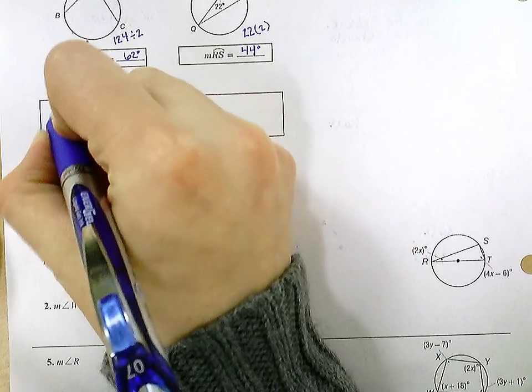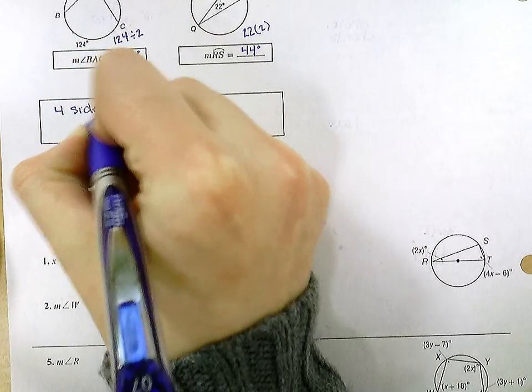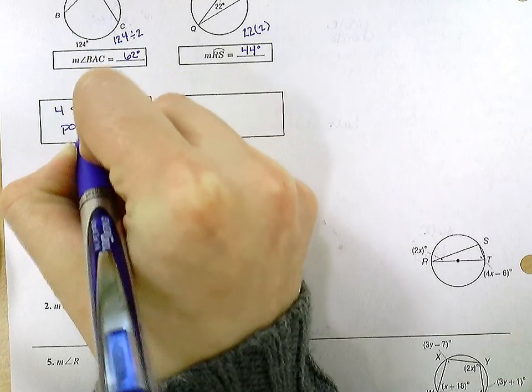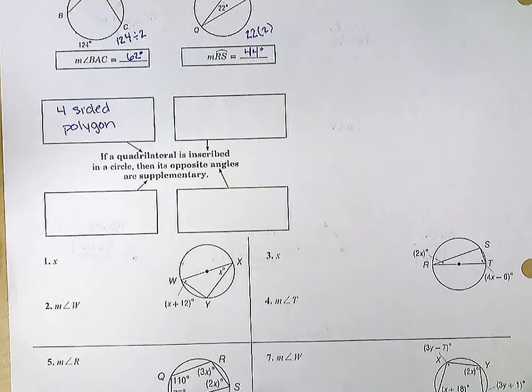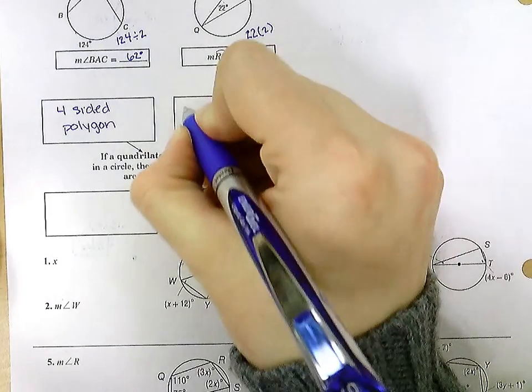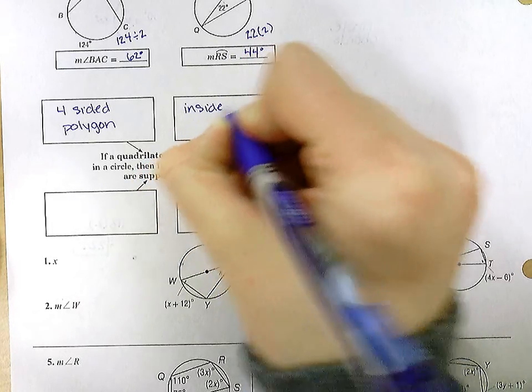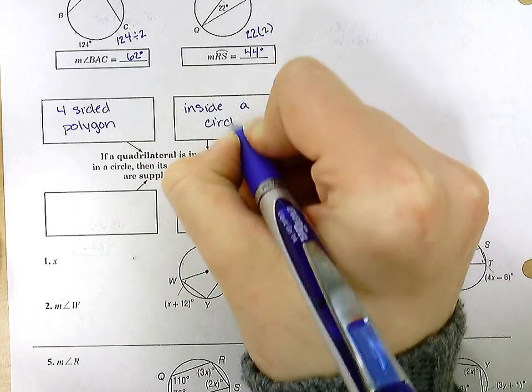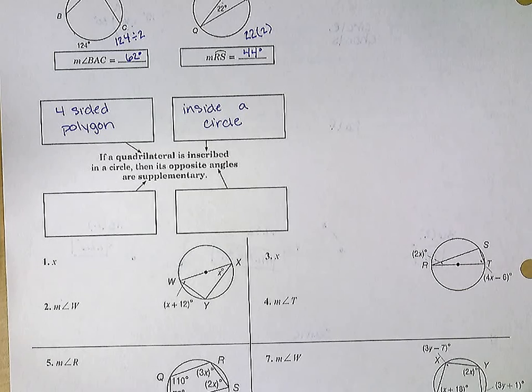So a quadrilateral is a 4-sided polygon. Okay, the word inscribed, meaning it is inside a circle. Okay, so we have a 4-sided polygon inside a circle.